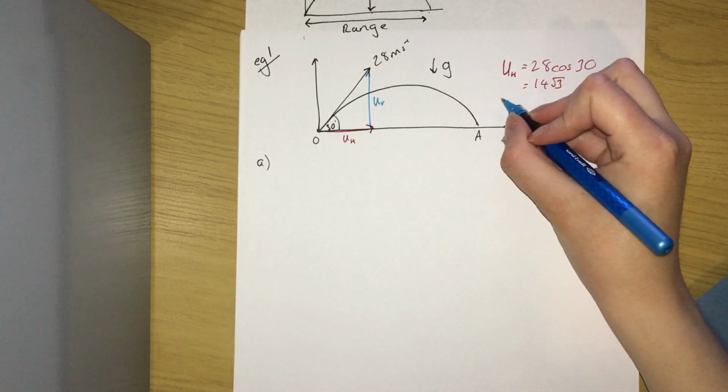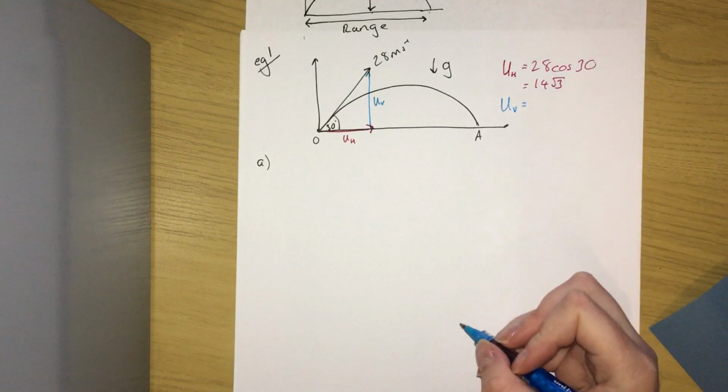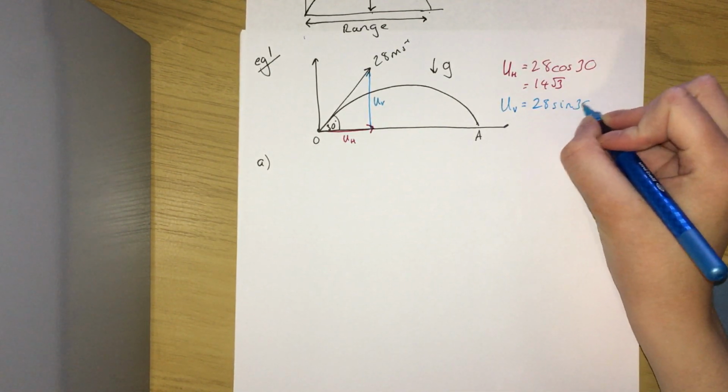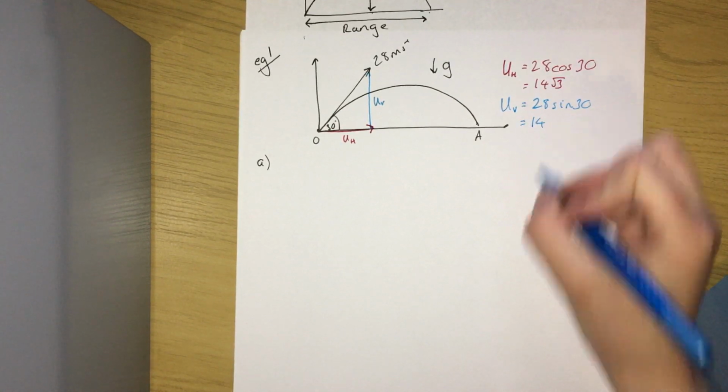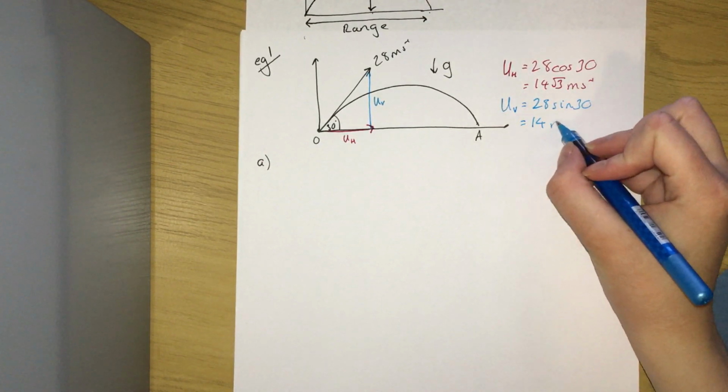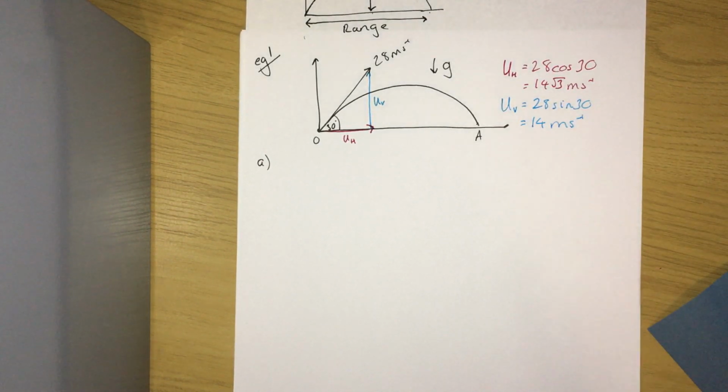And my initial vertical velocity is going to be 28 sine 30, which is equal to 14. So the initial, if I put my units in, reminds us that this is the initial velocity, horizontally and vertically, 14 root 3 meters per second and 14 meters per second. Now we've got the information, we can approach the questions.